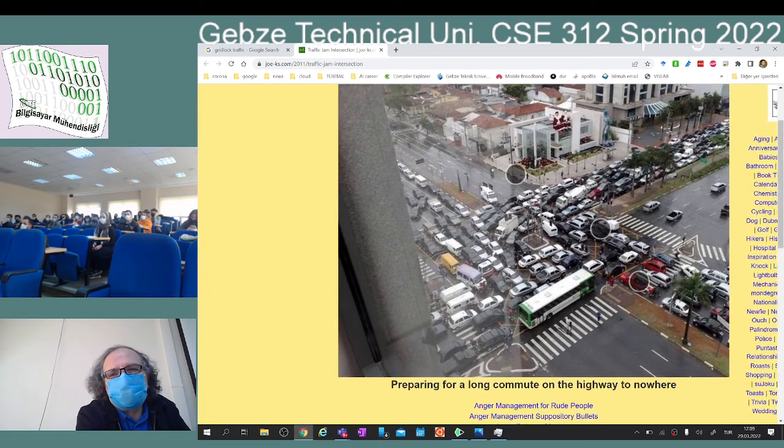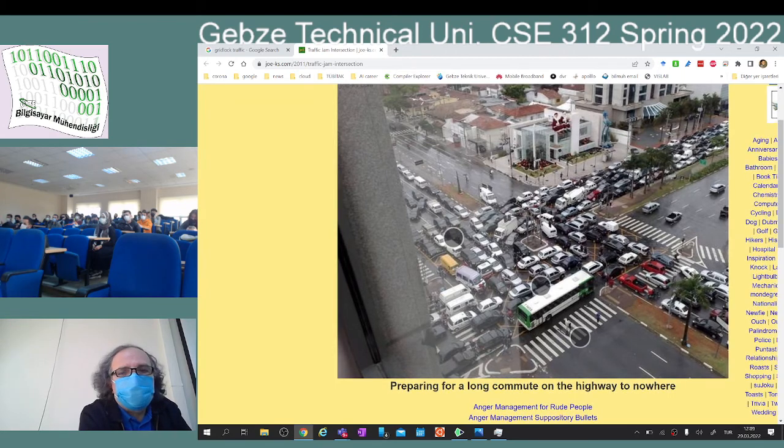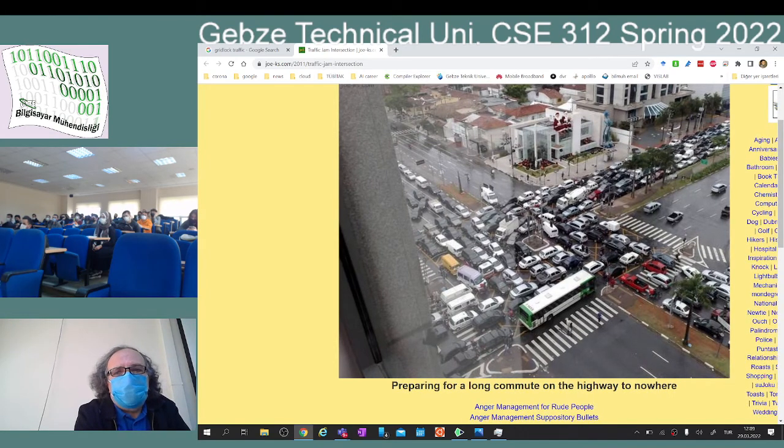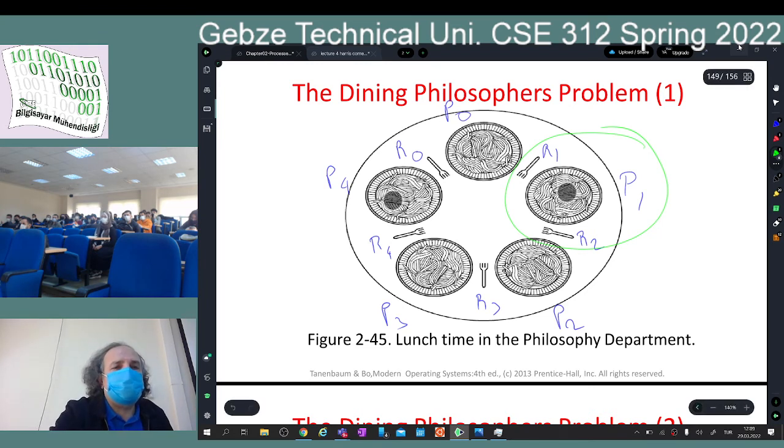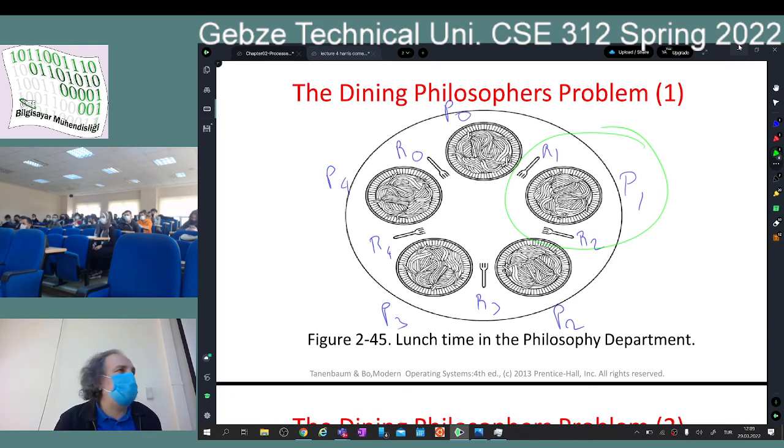So if I block the traffic, I should block only one of the directions, not three of them. If you do that kind of solution, it is going to prevent deadlock, but it's going to be inefficient. Even though two philosophers can eat at the same time, I am saying that only one philosopher can eat, and that's going to be a problem.